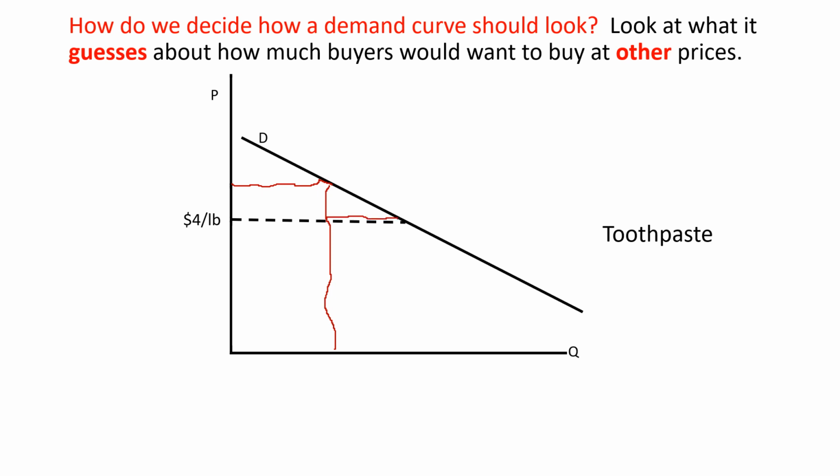This looks like maybe a 40% drop in the amount of toothpaste that they would use. So you can try to think, is that a reasonable guess? Or if the price was 1/4 less, 25% lower than the $4, would they buy about 40% more toothpaste than they normally buy when the price is at its average of $4 a pound?